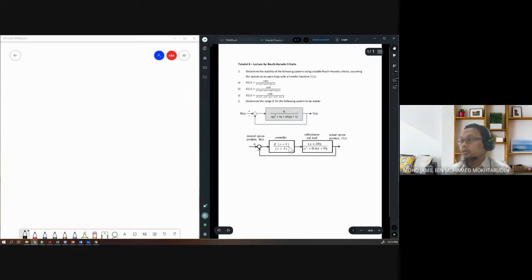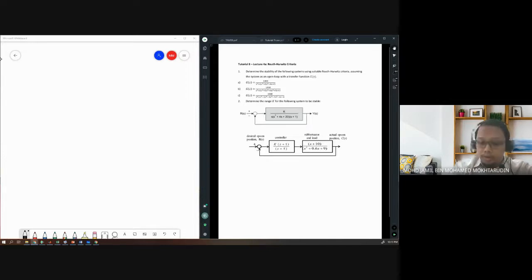Before you can do the Routh table, you need to simplify the block diagram first to get the closed loop transfer function.